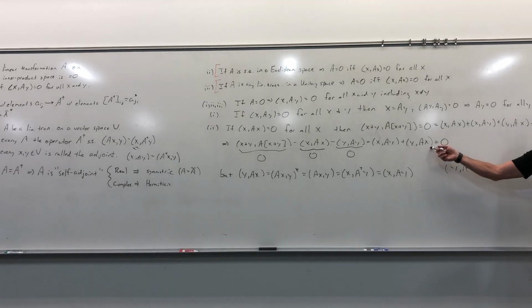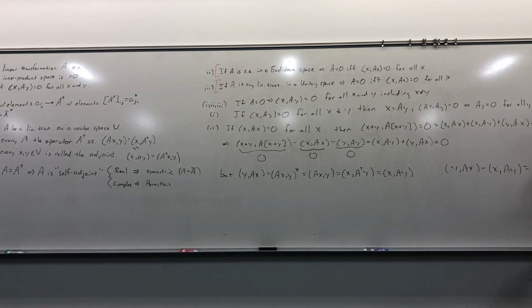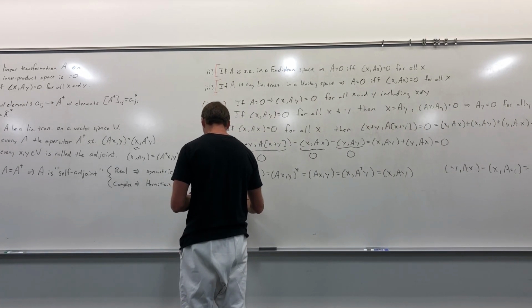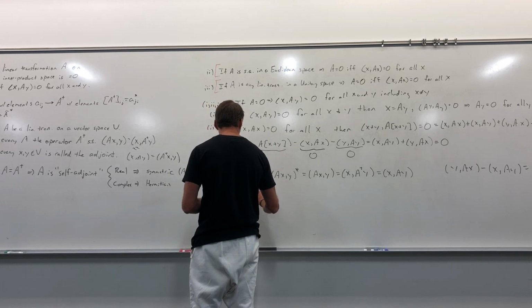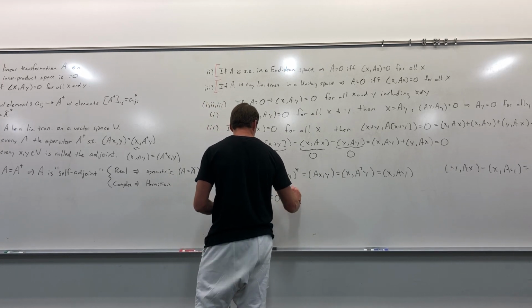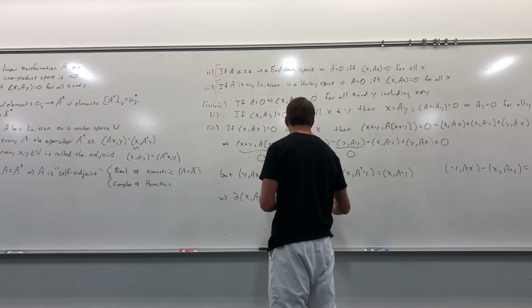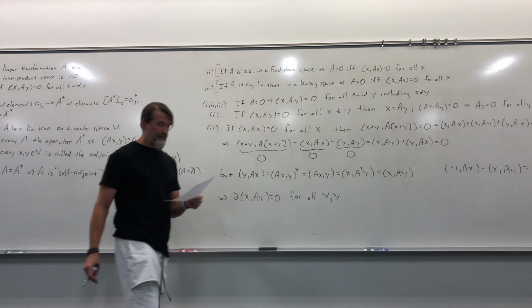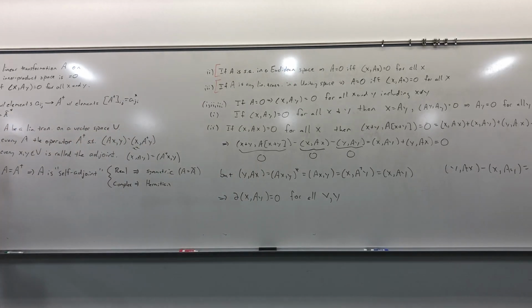I can take those two equations and combine them, and that immediately tells me that 2xAy equals 0 for all x and y. But we've already shown that A is equal to 0.